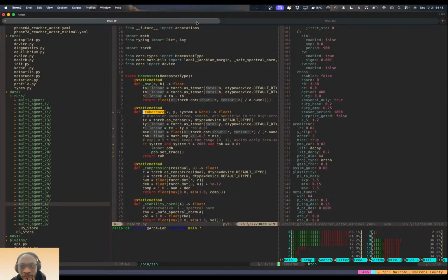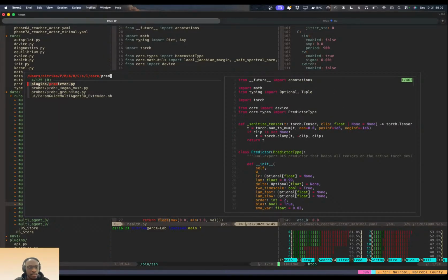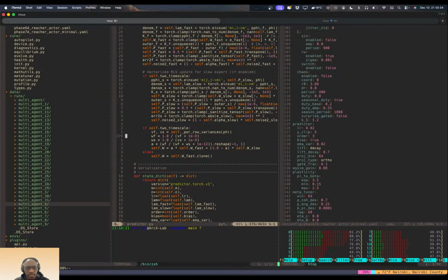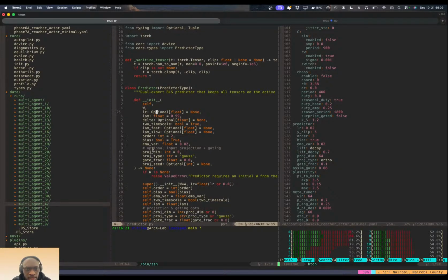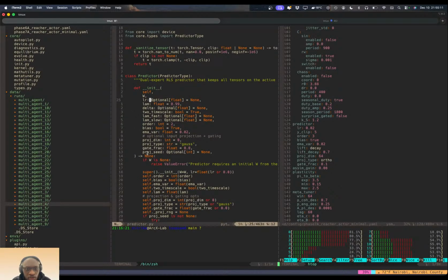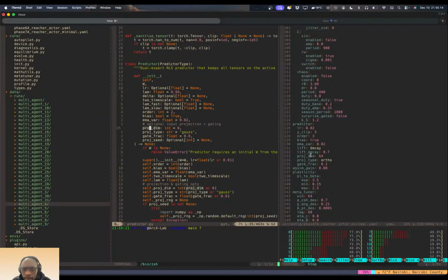Maybe let's try this. Okay, so hopefully I have this configuration in the predictor, and the predictor gets the value. Project learning rate is fine.